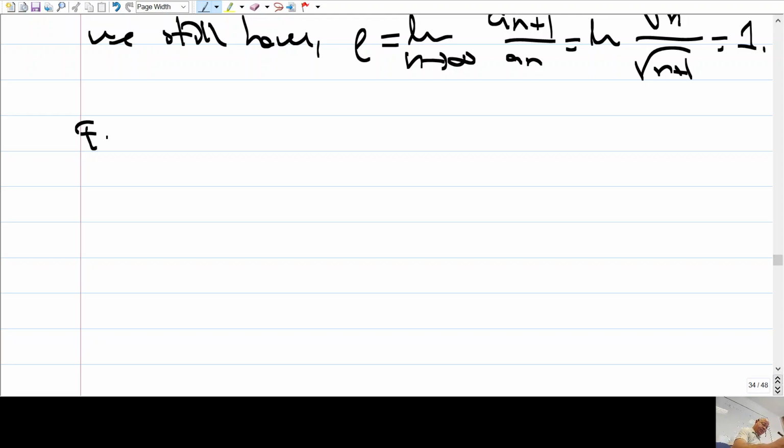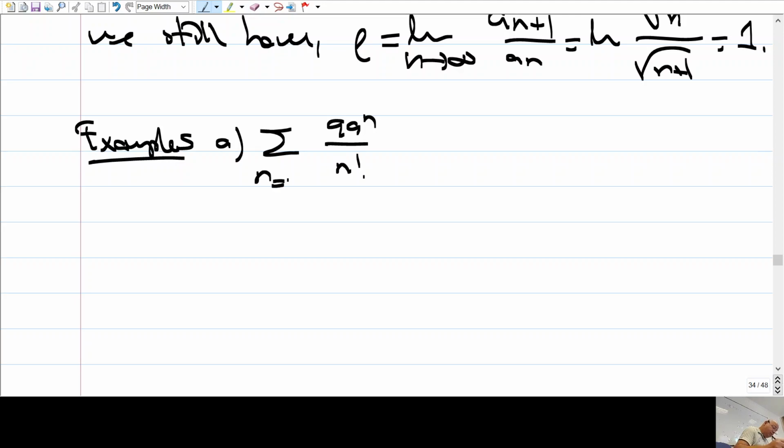Now let's see some examples where this test doesn't fail. Examples. A is this one, the sum from 1 to infinity of 99 to the power n divided by n factorial.